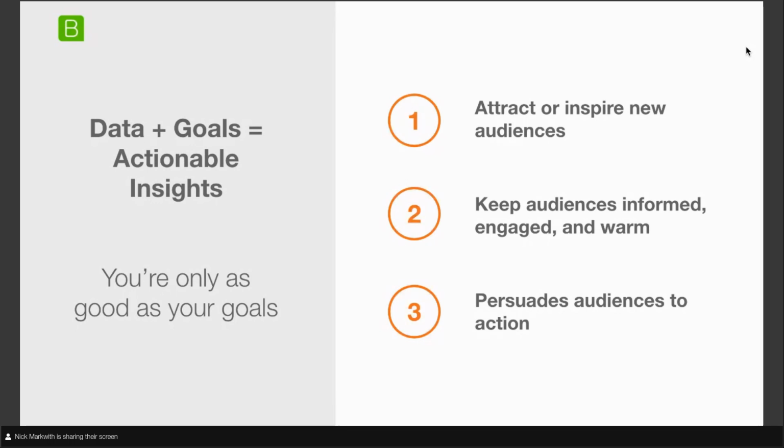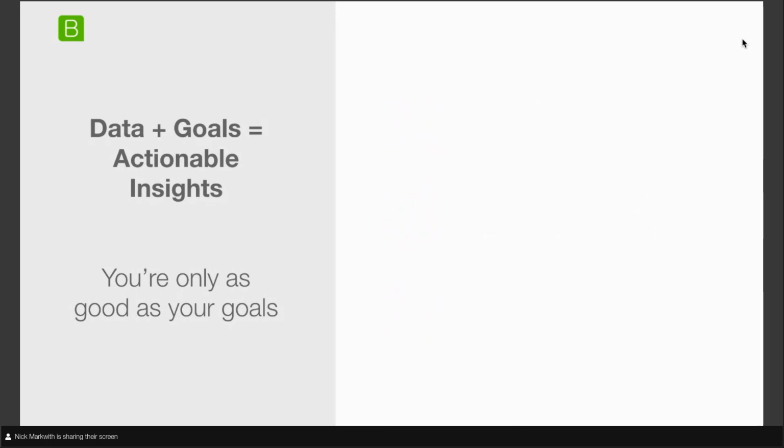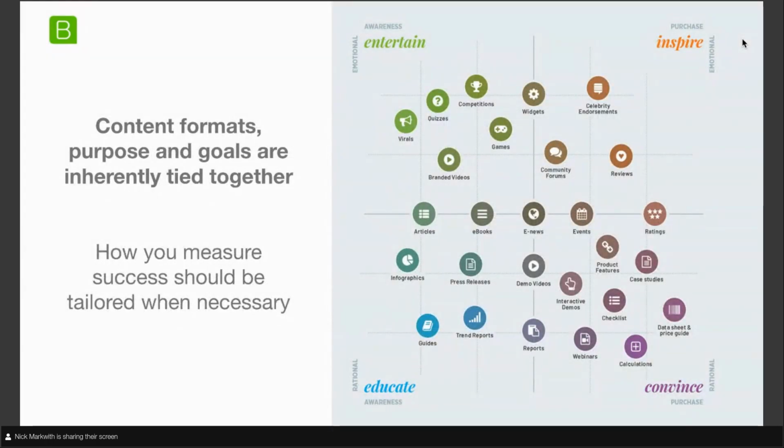Now, I say that there are these three goals. There is overlap, and content formats can serve multiple goals. For example, I mentioned previously, I'm going to jump back, that webinars are convince and purchase content, and they're pretty far down in terms of emotional versus rational and purchase versus awareness. I don't necessarily agree with that.